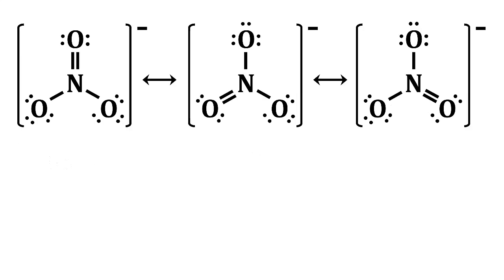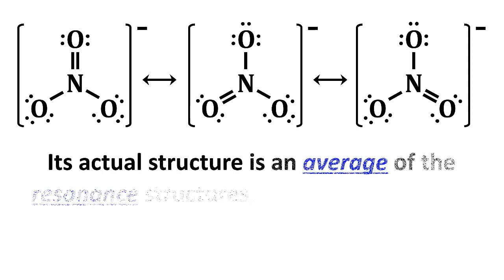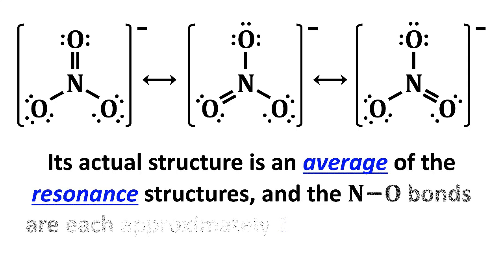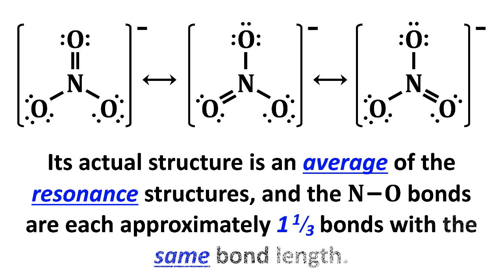We can also note that if you analyze this molecule, its actual structure isn't a double bond, single bond in any particular arrangement. In fact, all of the bonds are identical to each other. The actual structure has 3 equal bonds.